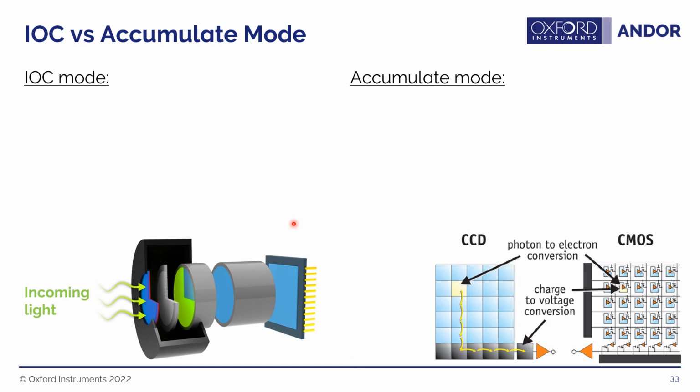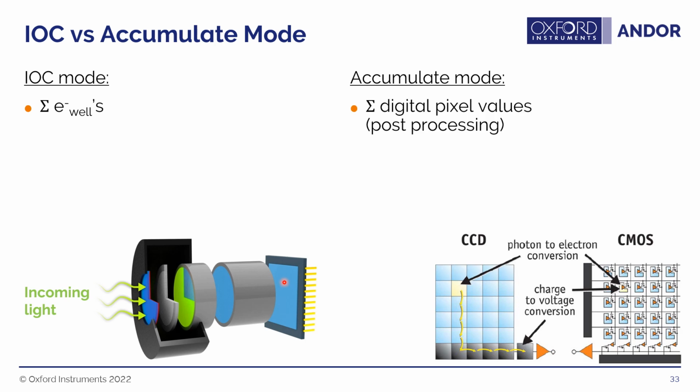To compare and contrast these two: in IOC you're summing together electrons within the well of the sensor, whereas for accumulate mode you are summing together the digital pixel values, or averaging them together. So it's a digital post-processing of the data.